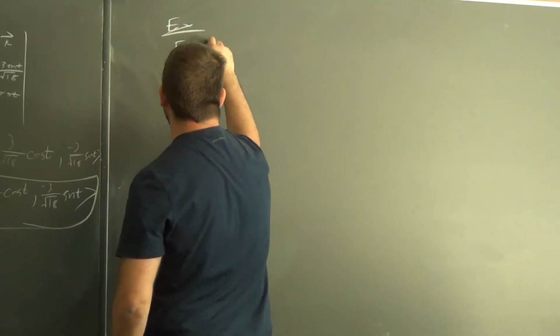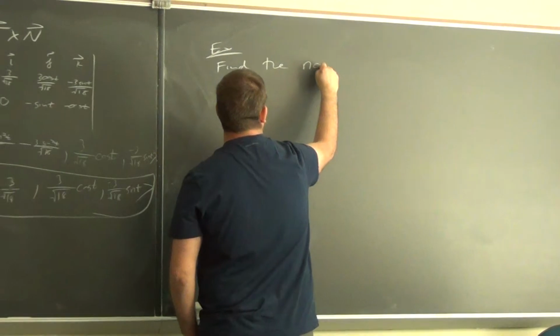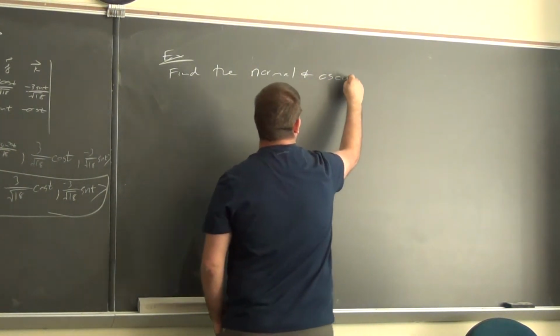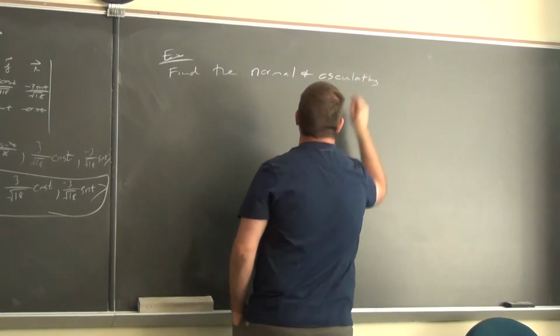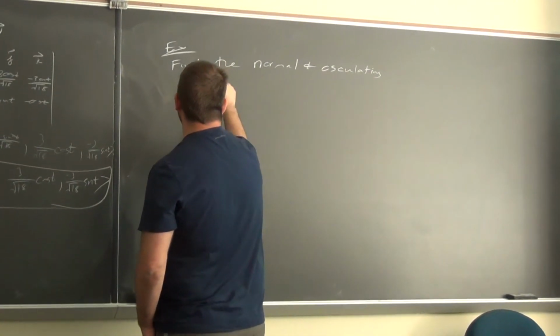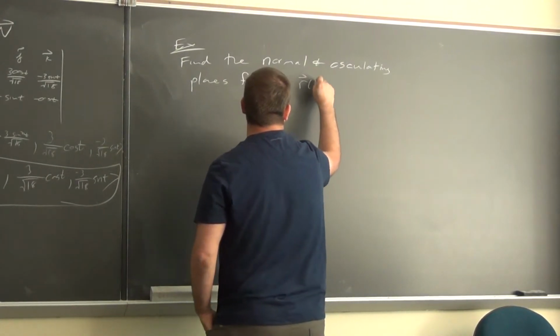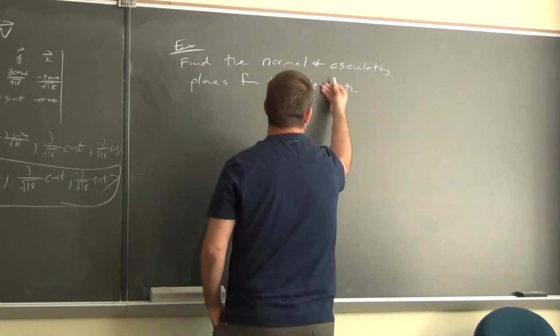So let's stick with the example we had here. Find the normal and osculating planes for the r of t in the previous example. Let me just write it out.